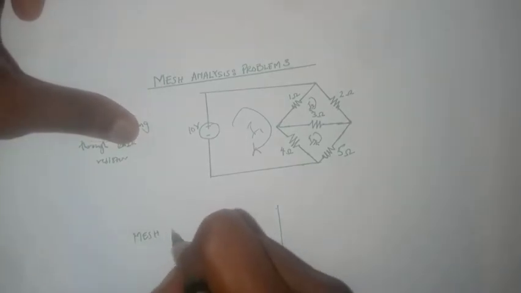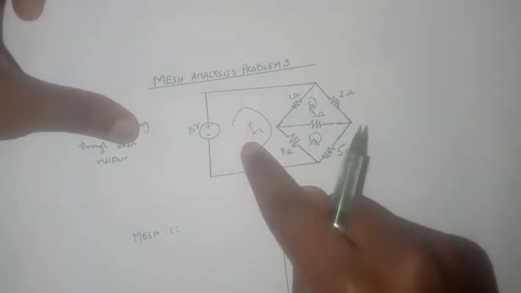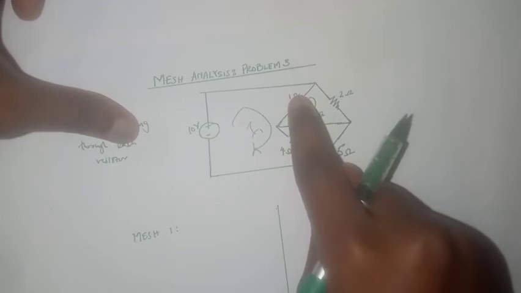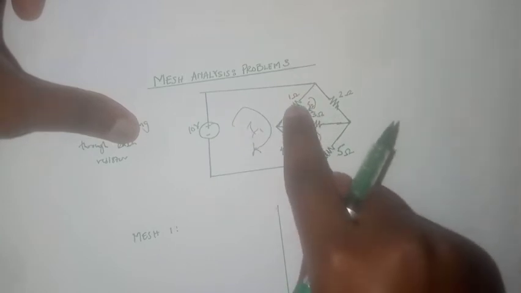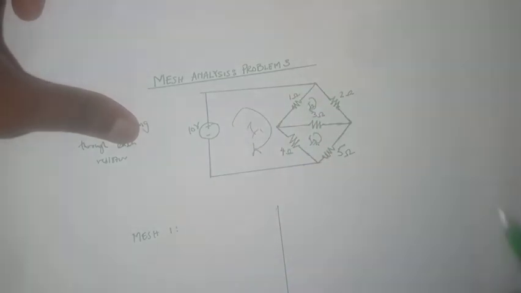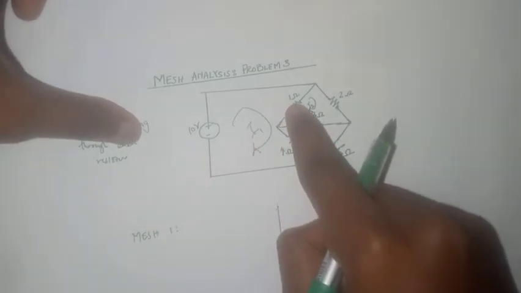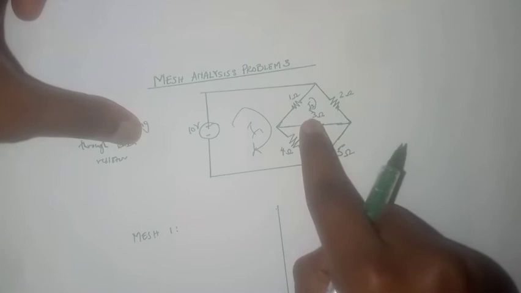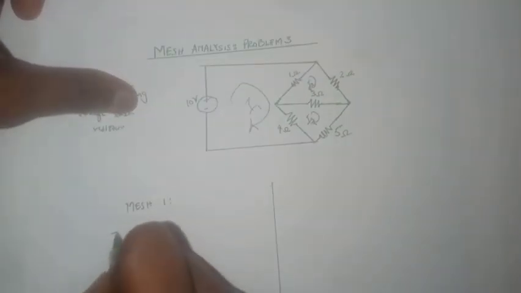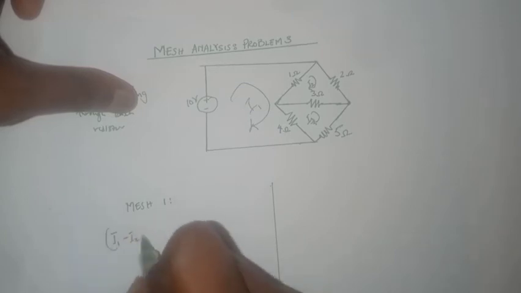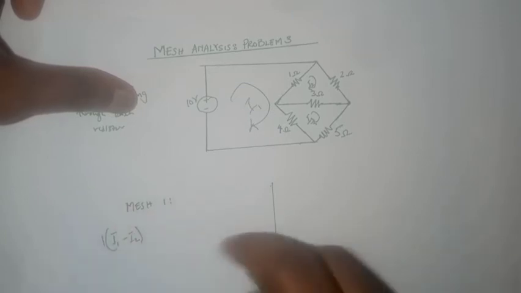we write a KVL equation. Now we start from here and we proceed, and we have the 1 ohm resistor, and we have two currents flowing through the 1 ohm resistor: the current in mesh 1, which is I1, and the current in mesh 2, I2, which is opposing it. So we have I1 minus I2 multiplied by 1.